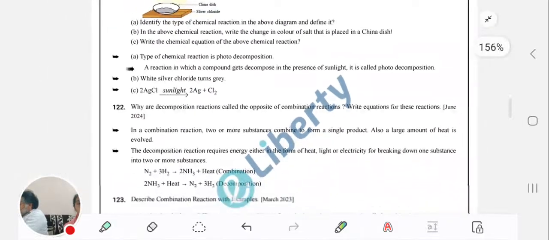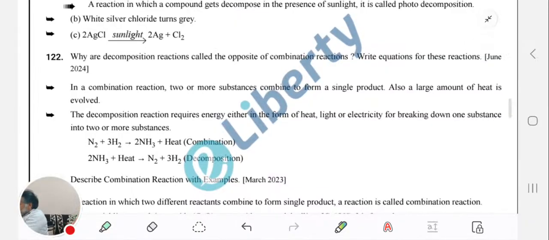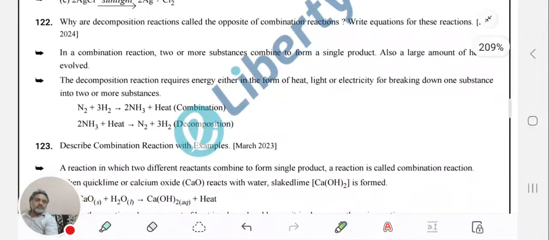Question 122. Why are decomposition reactions called the opposite of combination reactions? Write equations for these reactions. The answer is: in a combination reaction, 2 or more substances combine to form a single product. Also, a large amount of heat is evolved.